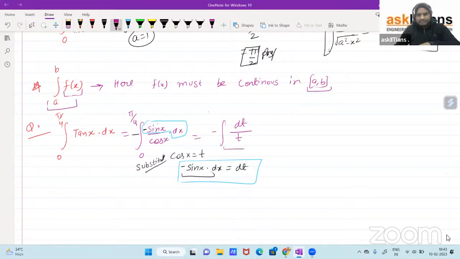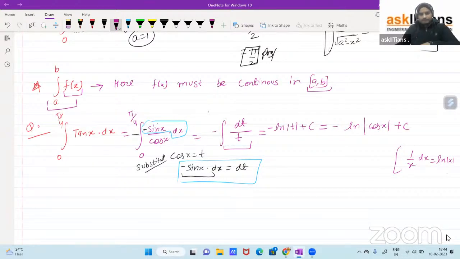And what is the integration of this? What is the integration of 1 by t? Integration of 1 by x will be ln of mod x. So integration of 1 by t will be ln of mod t plus c, with the minus in front. So in terms of x, it will be minus ln of cos x plus c.